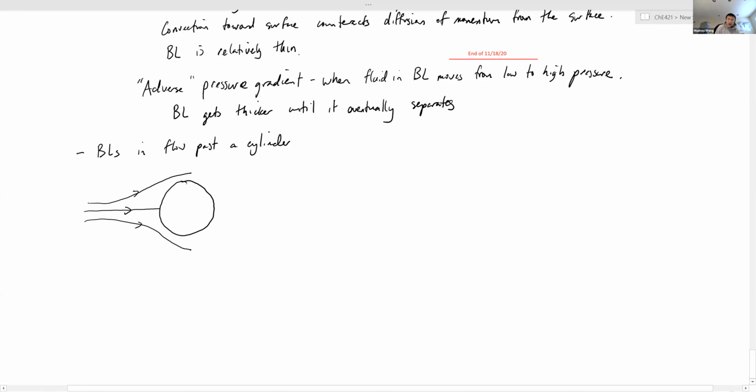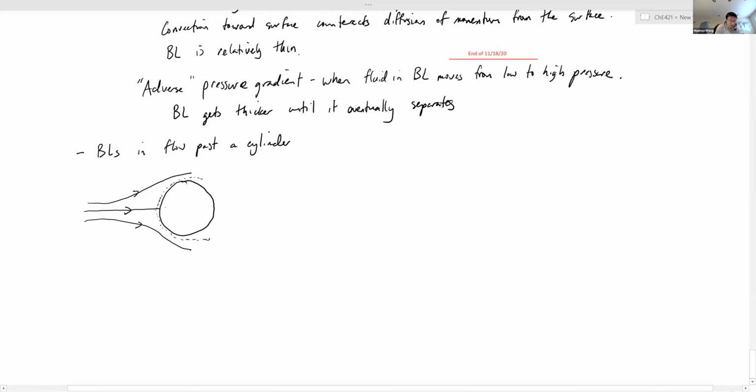Okay. Now, from what we know about boundary layers, you know that there's going to be some sort of boundary layer that forms near the surface of the cylinder. And that boundary layer is going to have flow that's qualitatively different than the inviscid flow solution, right? And we have a little bit of a clue of what this is. In homework 8, you're going to be asked to examine some of the regions of this flow.